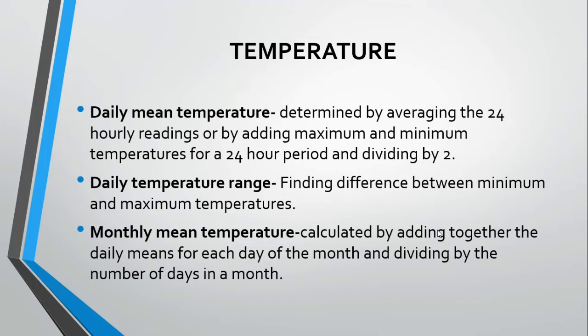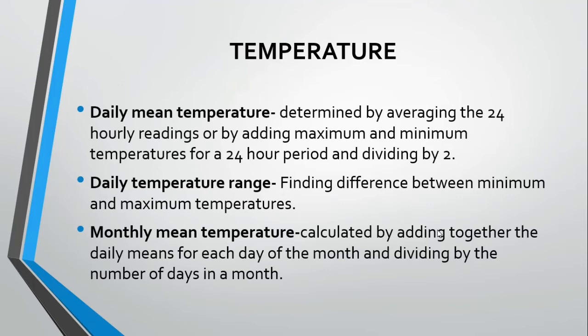Then you add all those and then divide it by 24. You will get the daily mean temperature. It's like an average grade also. If you have 8 subjects, you add all the grades and then divide it by 8. Or you can also have the maximum temperature reading plus the minimum temperature reading and then you divide it by 2. So that's the daily mean temperature.